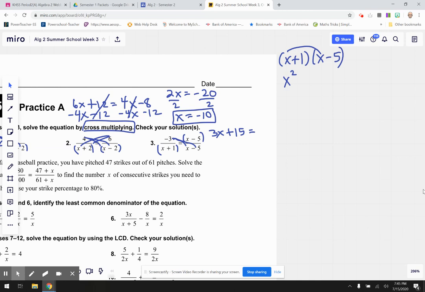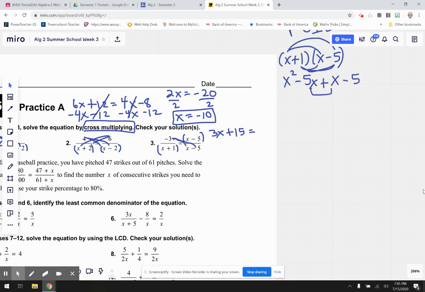And then the O is outside terms, so that's a negative 5 times an x, so we just put negative 5x. The I is for inside terms, so that's 1 times x is just 1x, positive 1x, or just positive x. And then the L is for the two last terms. 1 times negative 5 is negative 5.